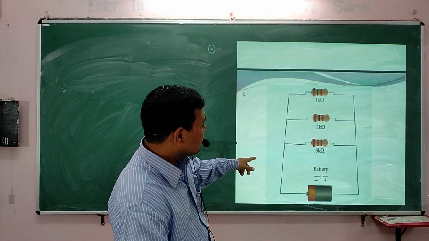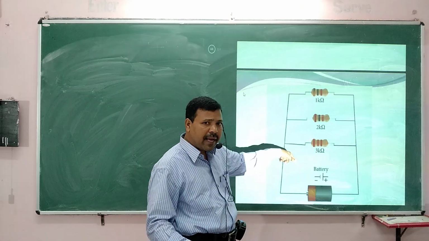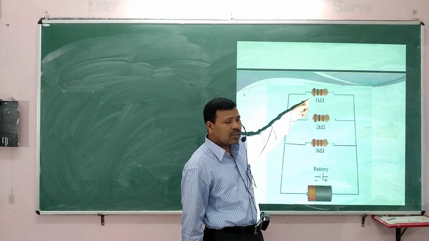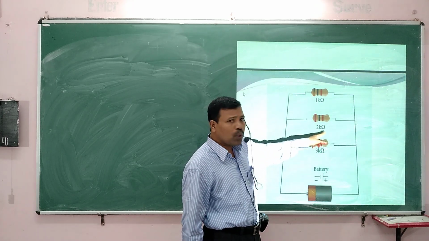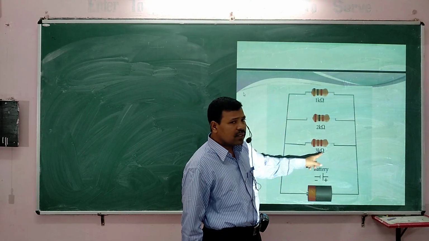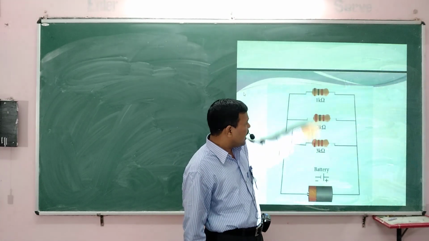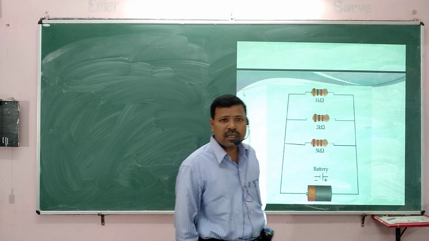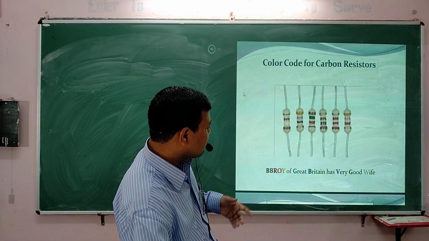And look at how these carbon resistors are connected in parallel. This resistance is 1 kilo ohm. This carbon resistor has 2 kilo ohm. This has 3 kilo ohm, and all of them are connected to a battery. This type of combination of resistors is known as parallel combination. Look at some more diagrams.